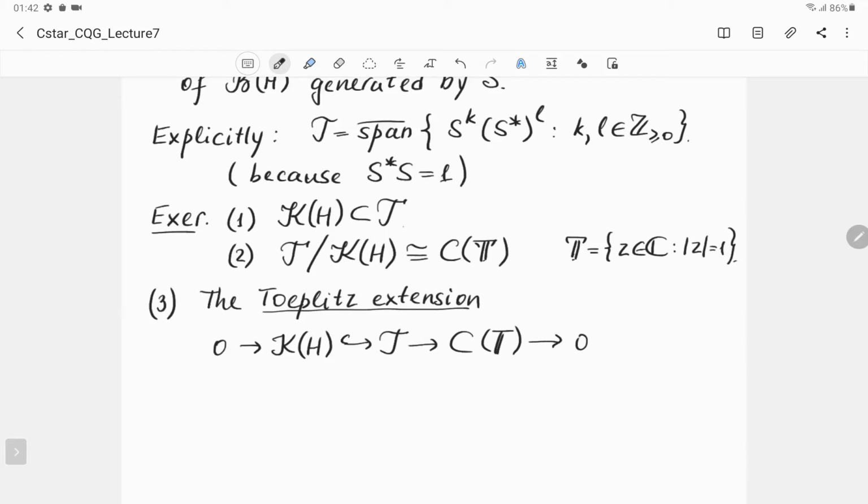So this is just the inclusion map, and this is the projection P, which is a composition of the quotient map with the isomorphism from the previous line. So I claim, and this is exercise 3, that the Toeplitz extension doesn't split.